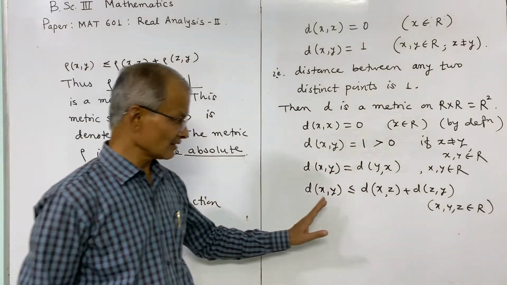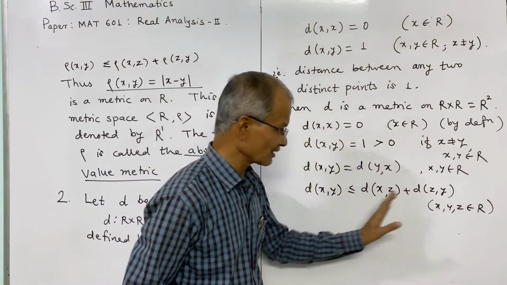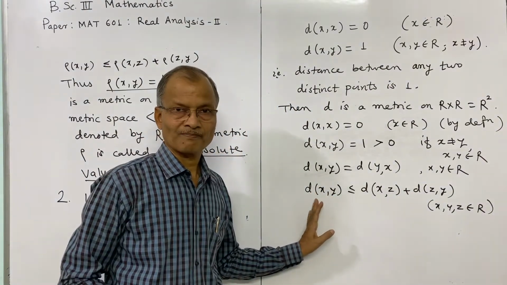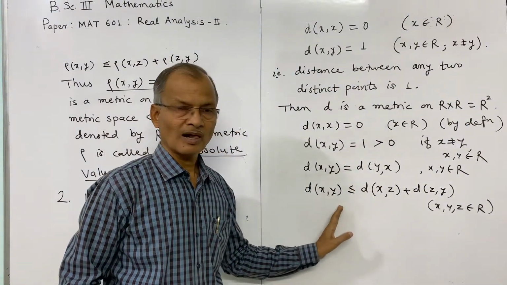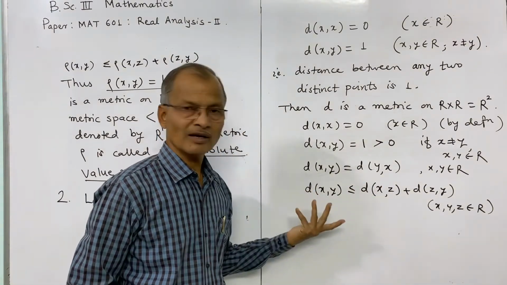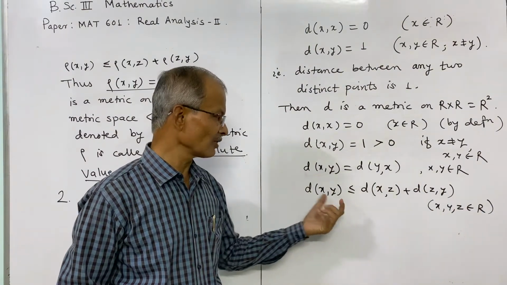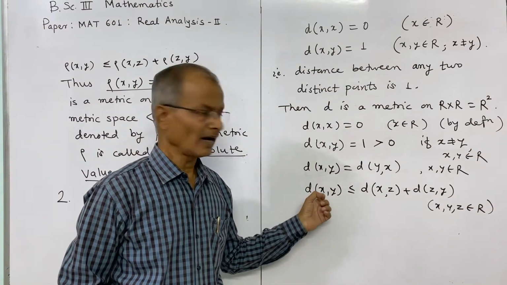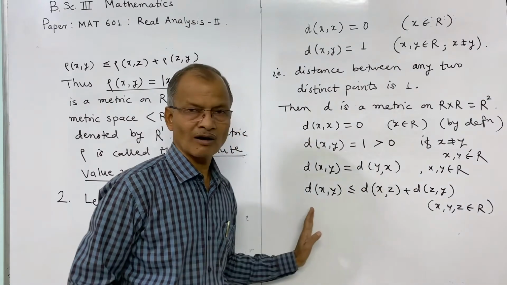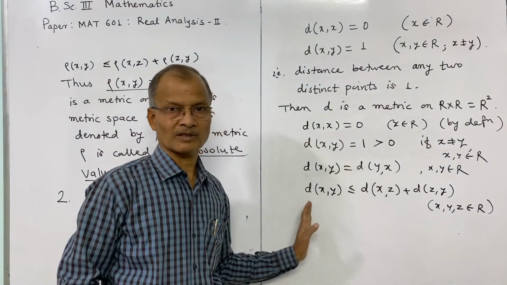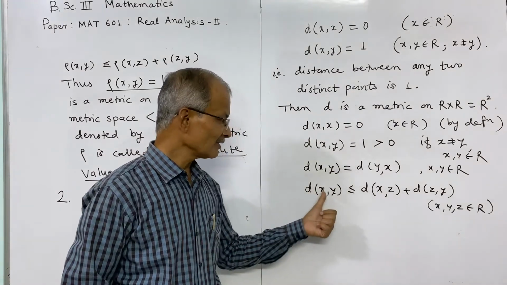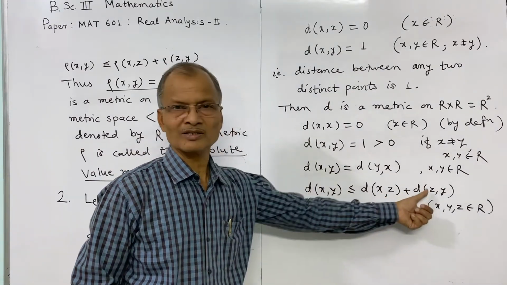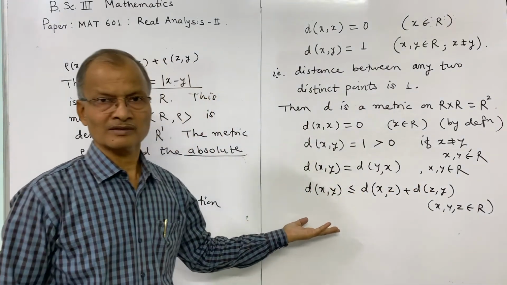Now suppose all are distinct, then the distance will be 1. So 1 is less than or equal to 1 plus 1, that is obvious. And if any two are equal, suppose x is equal to y, then this is 0. And if all three are the same, x is equal to y is equal to z, then this will be 0, this will be 0, and this will be 0, so the inequality is satisfied.